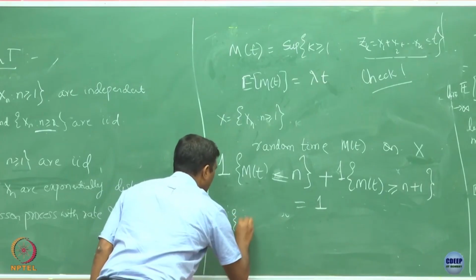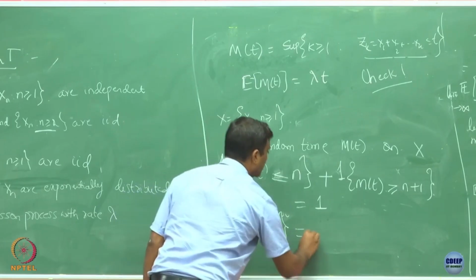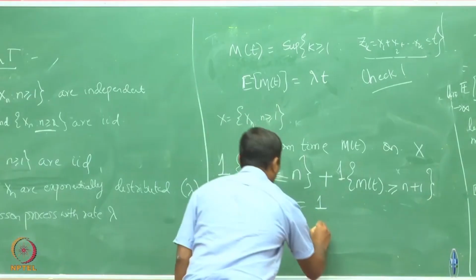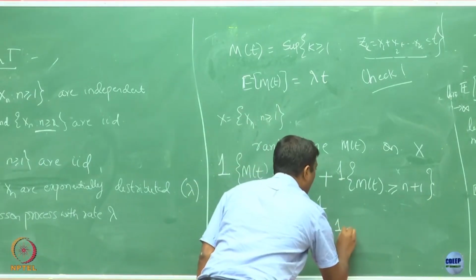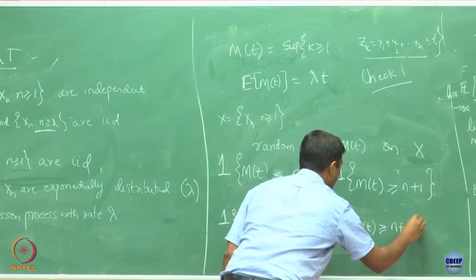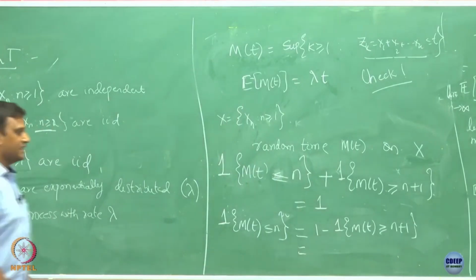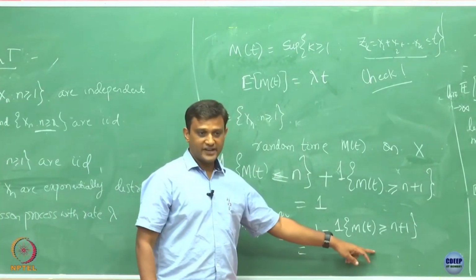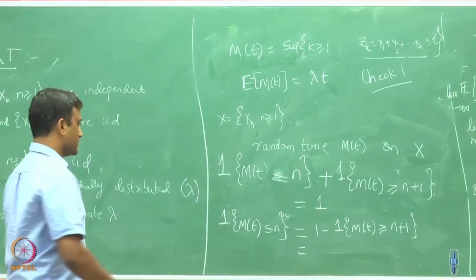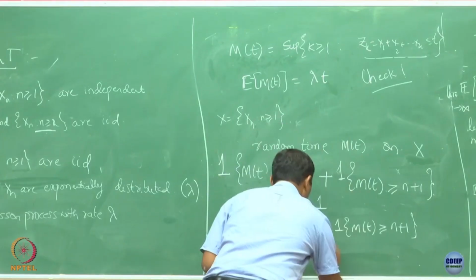Now I am going to write this bit: n plus 1, and what is this going to be? 1 minus the event that m of t is greater than or equal to n plus 1, right? 1 minus this, what is this going to be?